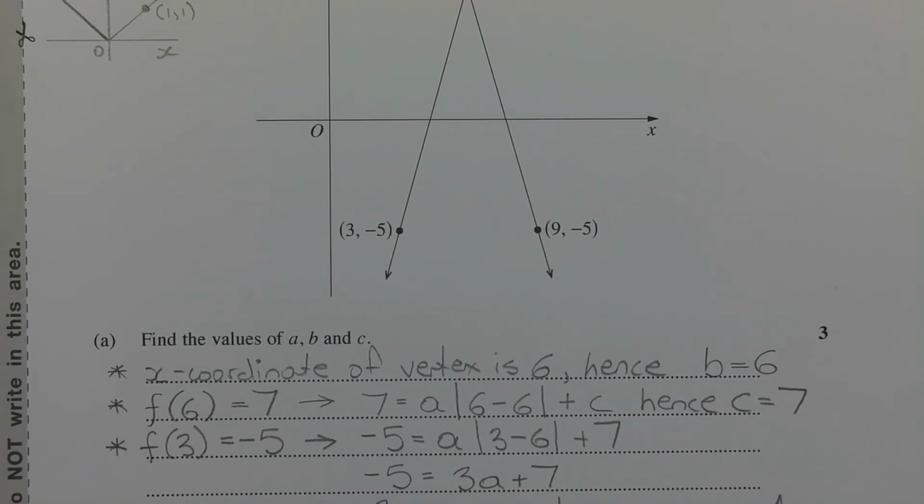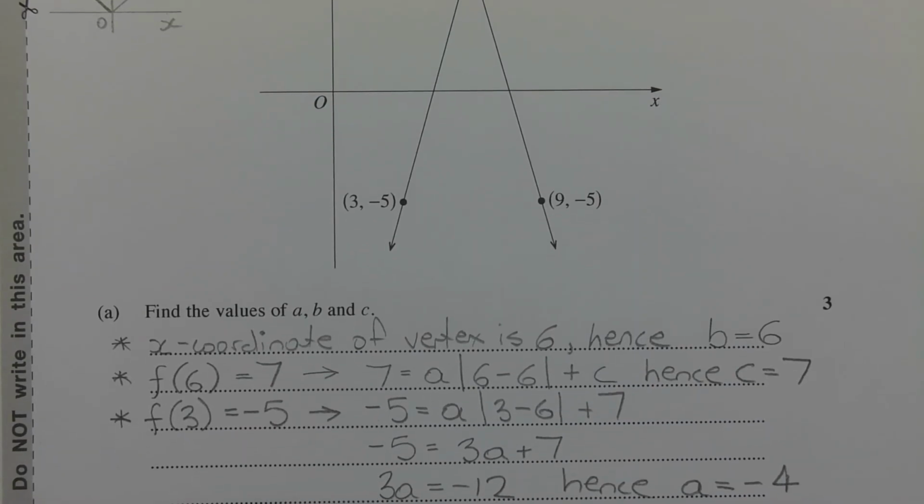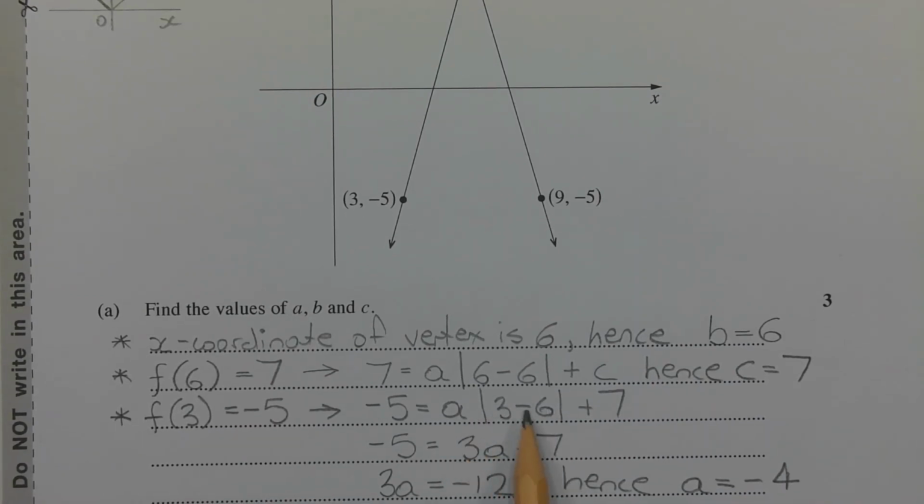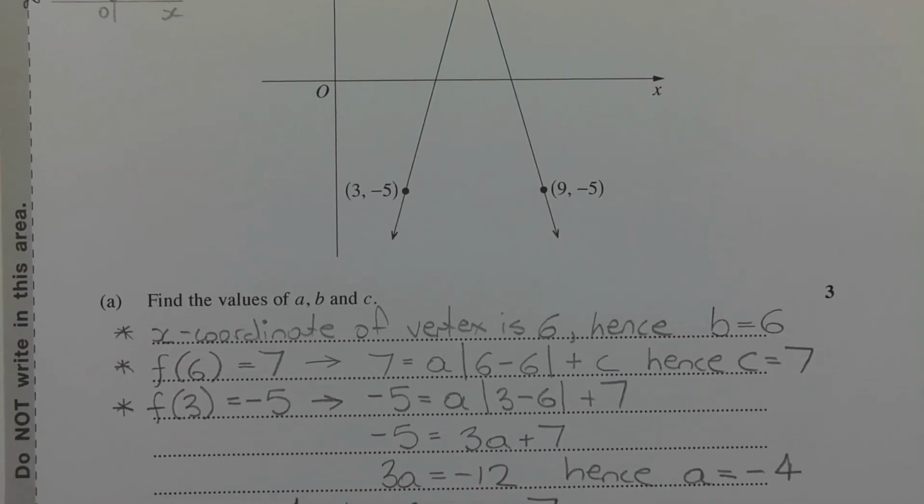Substituting x equals 3 and -5 for f of x, we get -5 is equal to a times the absolute value of 3 minus 6, plus 7. And the absolute value of 3 minus 6 is positive 3. So -5 is equal to 3a plus 7.